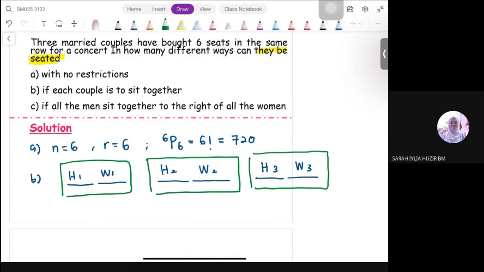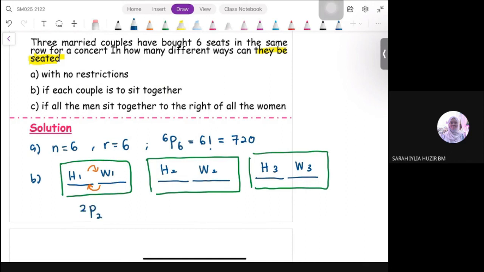Alright, so now how can we arrange them? So first we consider the couple itself first. Okay, let's go to the first couple. So between husband 1 and wife 1, they didn't mention siapa yang mesti duduk kiri, siapa yang mesti duduk kanan. We can rearrange them, kan? Only 2 of them. Maksudnya saya boleh susun 2P2.